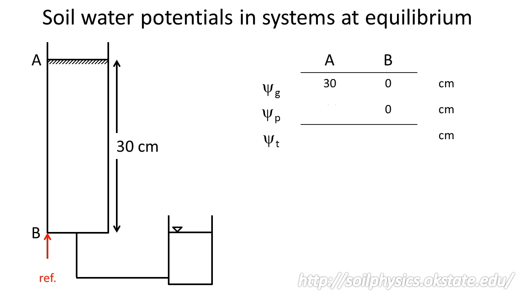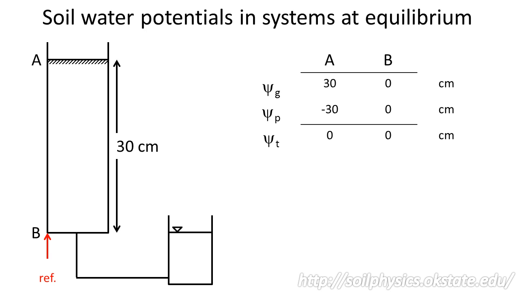The pressure potential at B, we know, has to be 0 because it's at the same elevation as and hydraulically connected to the free water surface. Therefore, the total potential at B is 0. Since the system's at equilibrium, then the total potential at A is 0. Therefore, the pressure potential at A has to be minus 30 centimeters.